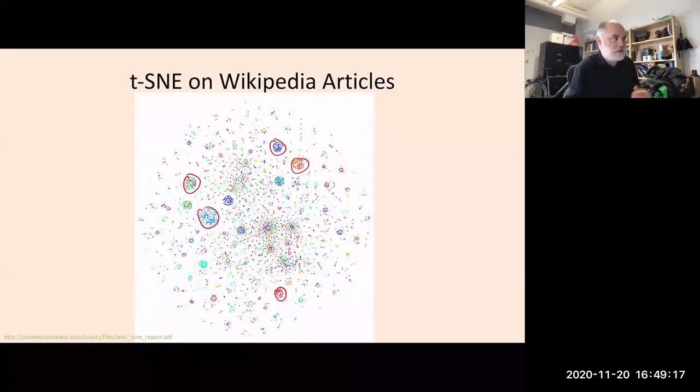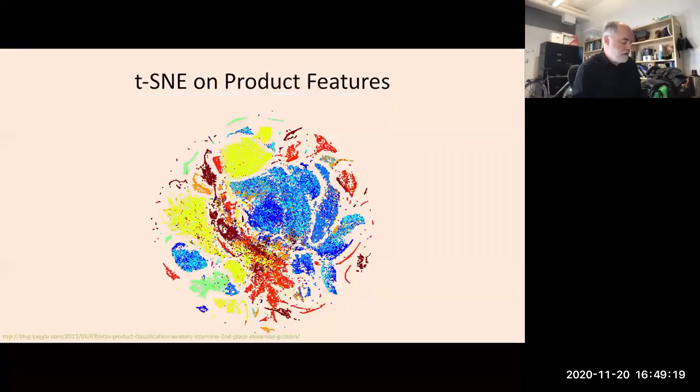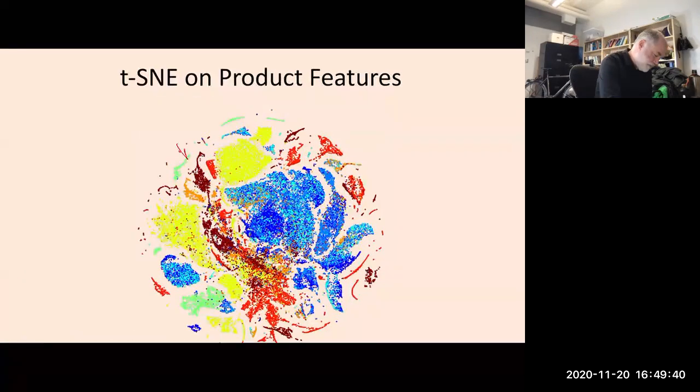These are labeled with events afterwards, so that's pretty cool. If you're a large manufacturer and distributor and seller of stuff, Otto had a product classification challenge, 200,000 products, 90 features. They ran t-SNE on the 90 dimensional feature vectors. Otto apparently owns Crate and Barrel, if you're familiar with Crate and Barrel. So this is probably like a fancy wine glass or something like that.